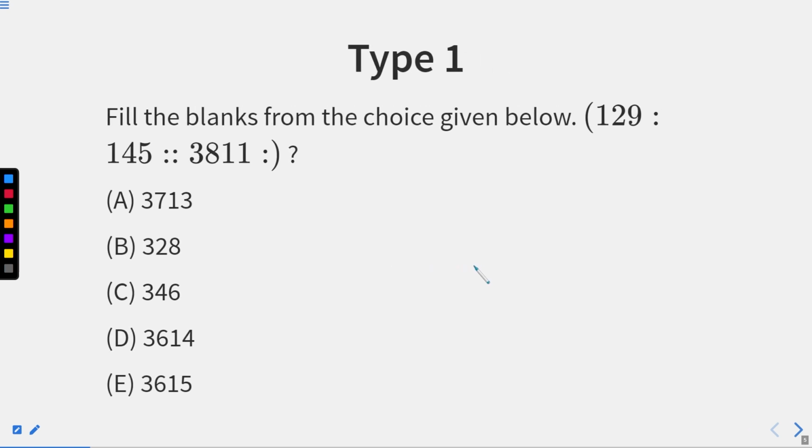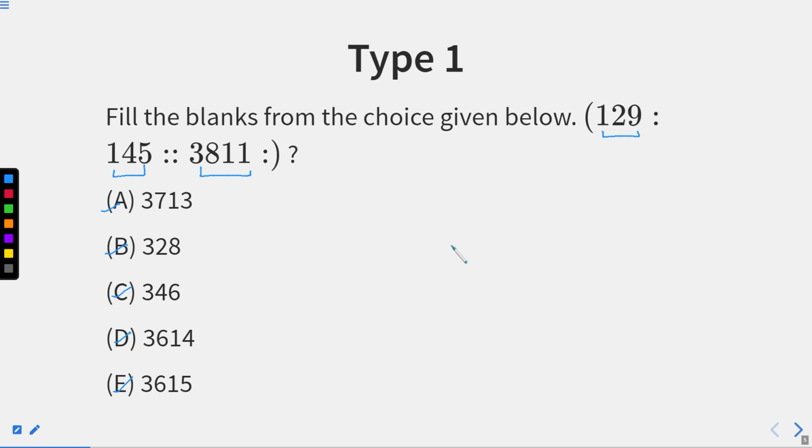So this is a type 1 problem. Here you can see that this kind of problem we have already discussed. The question part here is that 129 is converted into 145, and you have to check which of the options given below 3811 will convert into.